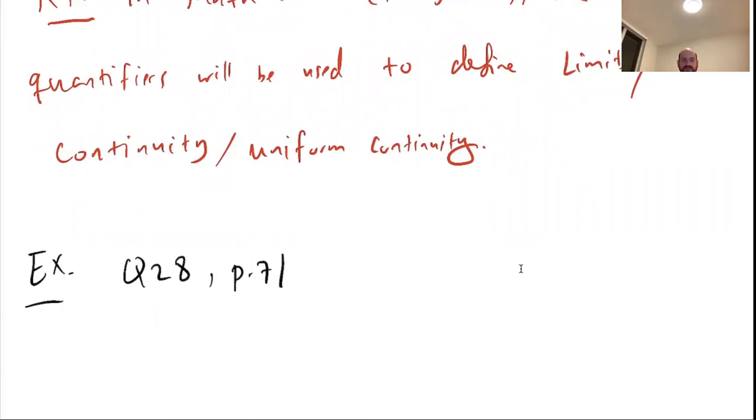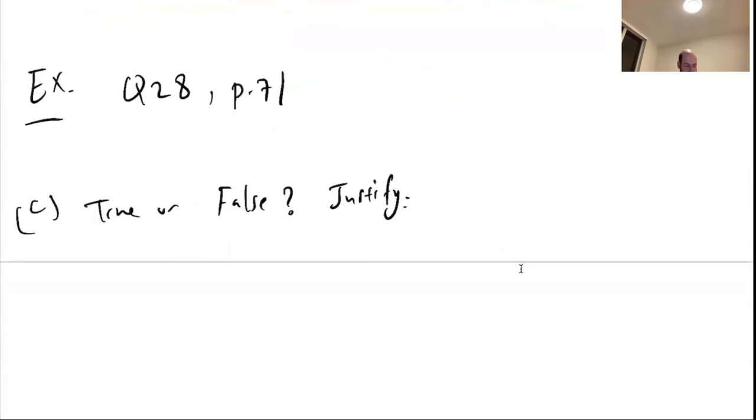Let's say part C. We want to show whether this is true or false, and justify. It says there exists x for each y, xy equals 0.